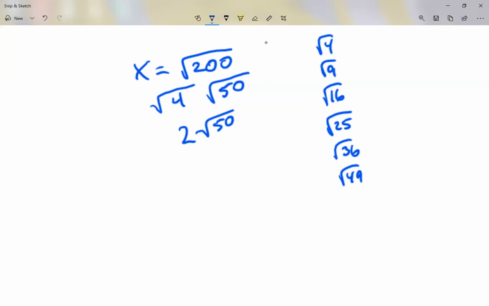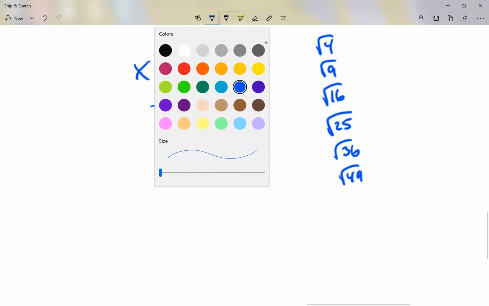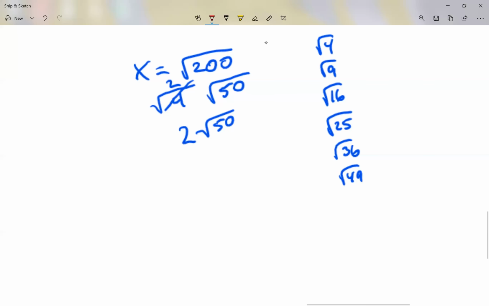Sometimes your radicals will simplify so that part of it is a whole number and part of it is still a radical. So that simplifies for now to 2 square root of 50, right? Because the square root of 4 was 2. There was nothing outside, so I just put the 2 outside. That's basically what I do. Now I can simplify probably even more. Square root of 50, I can break it as two radicals. Two numbers that multiplied equal 50, I can think of 25 times 2.